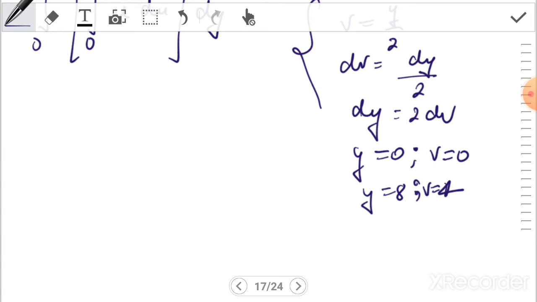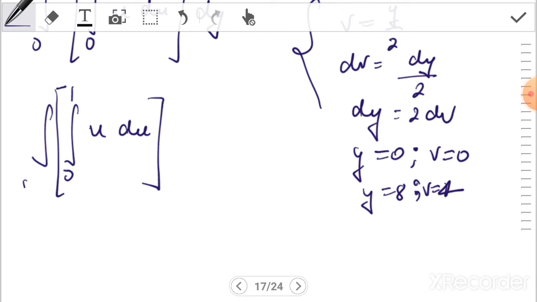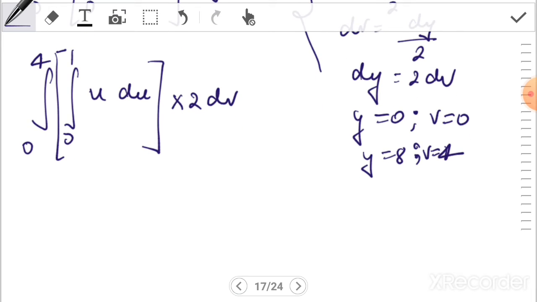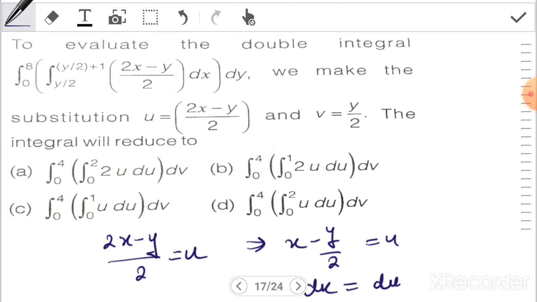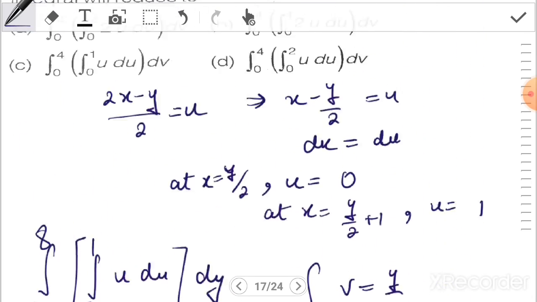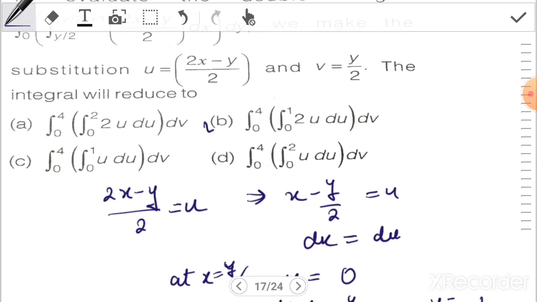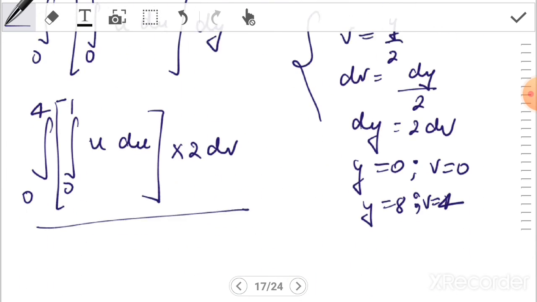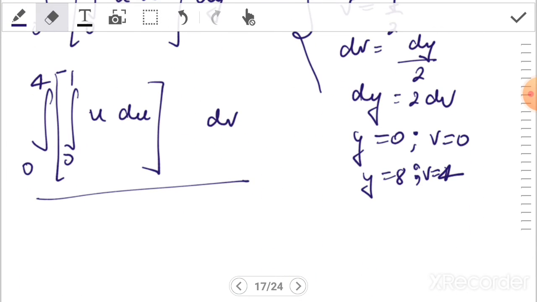Now the integral becomes 0 to 1 u du and 0 to 4 times 2 dv. You have to find out this only. So the answer is B, 0 to 4, 0 to 1, 2u du dv. You can take this 2 inside.